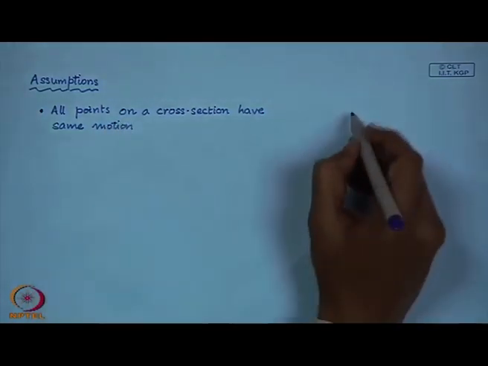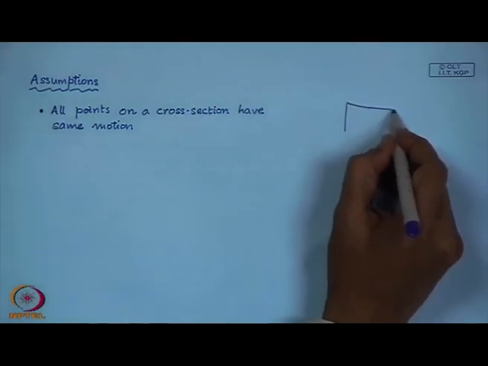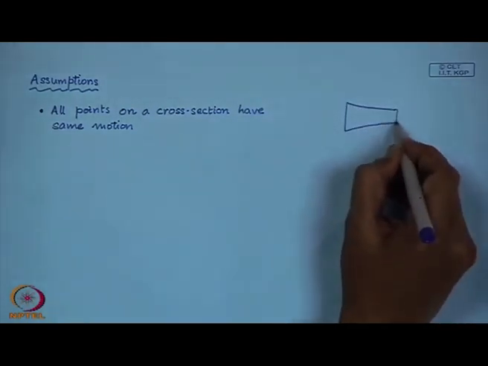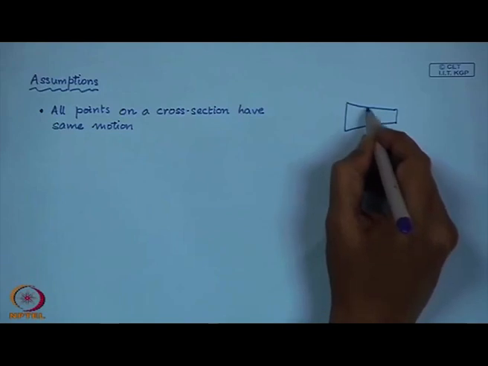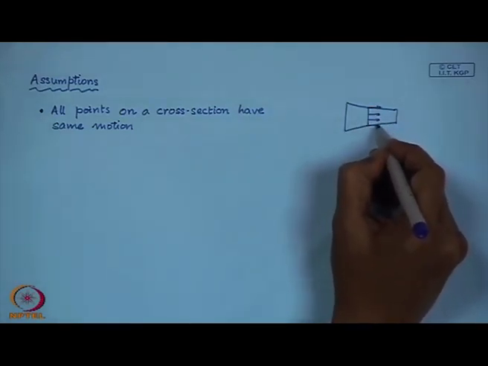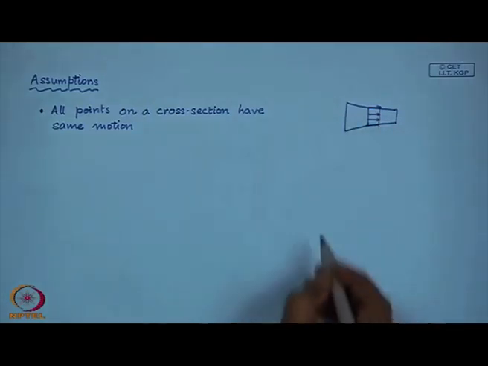What I mean by this is, suppose you have a bar, at a certain cross section, all points will have the same motion.